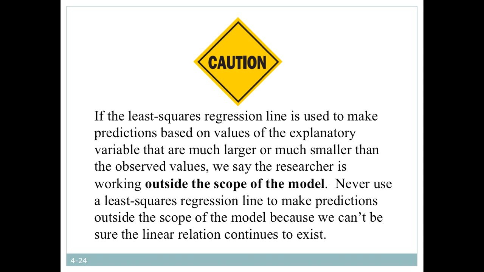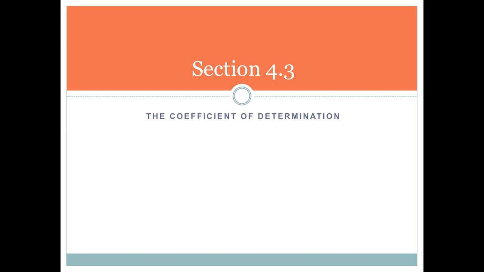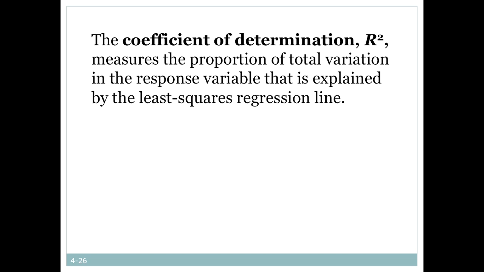We can't assume that just because it has been increasing up until this point, it continues to increase in the same way. So when we use our regression equation to predict, we want to predict within the scope of our model.